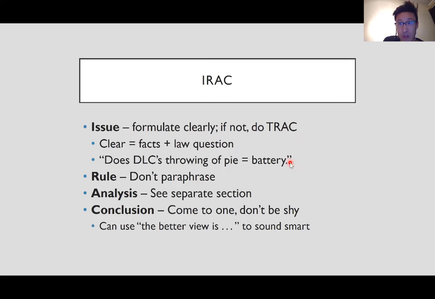You have to ask a question in a full sentence, using nouns and verbs, but the formulation of the issue isn't just some act or reference to did X commit some law. It's almost a summary of the facts and the law that are at play.